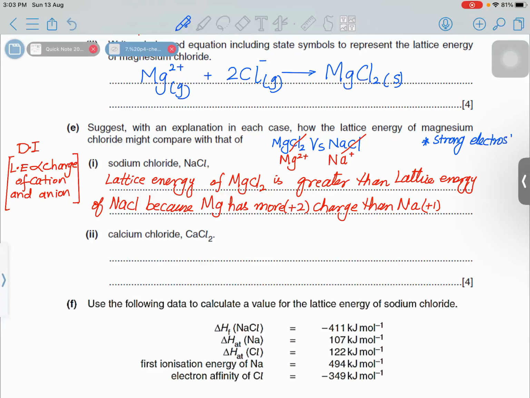Strong electrostatic force of attraction between Mg plus 2 and Cl minus, then Na positive and Cl negative. This is for 3 marks, right? First, lattice energy is greater. Second is because, and third one is strong electrostatic force of attraction.